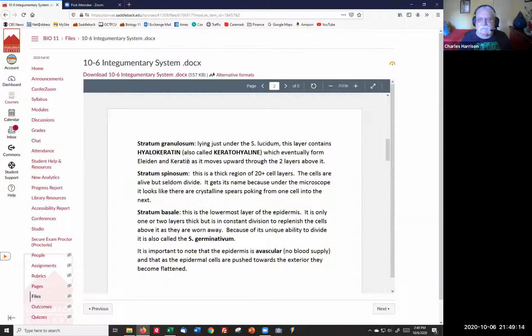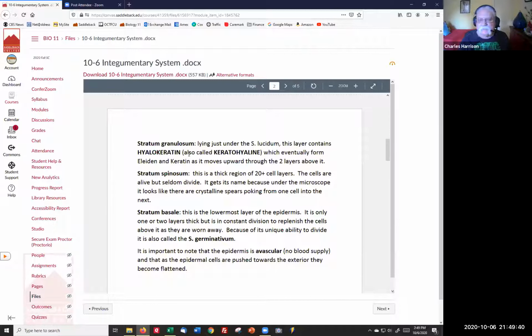Underneath that is the stratum granulosum. It's so named, and it doesn't say that here, because it has what looked like granules inside of the cell under the microscope. This contains a chemical called hyalokeratin or keratohyalin, sort of a different arrangement of the same word. Hyalokeratin is good enough.